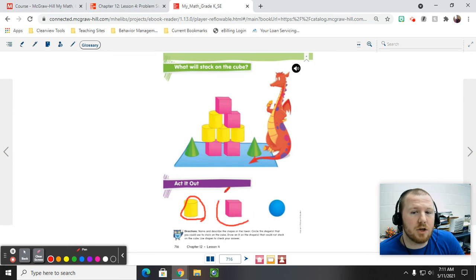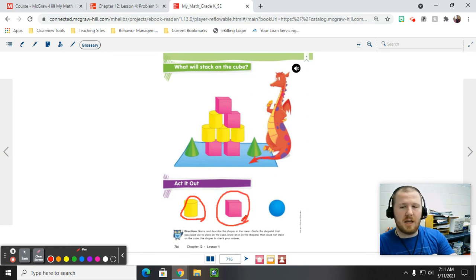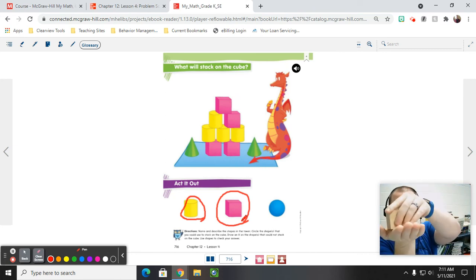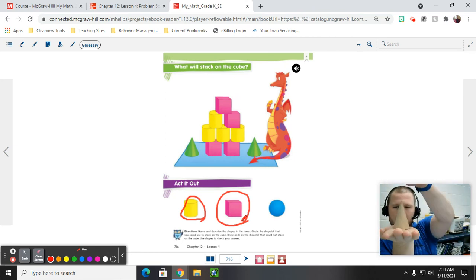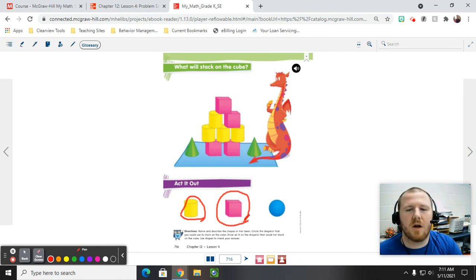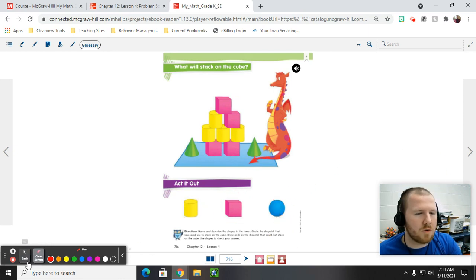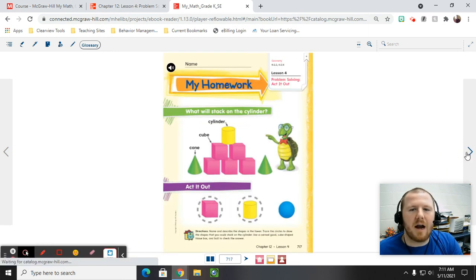We also know that cubes will stack because you can literally put something on the bottom and something on the top of the cylinder and a cube. You can't do that with a sphere, and you can't do that with a cone. So let's cross that out too, because we know it'll just roll right off the page.